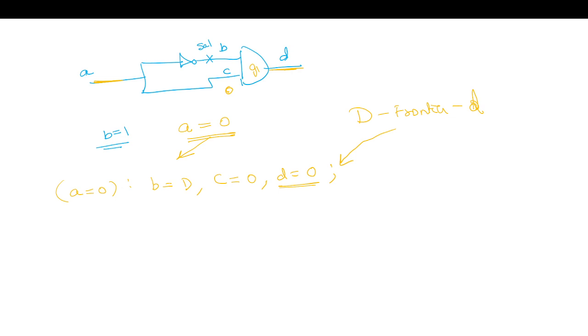Now the question is, can we backtrack? So we have taken a decision of A equal to 0 and simulated it. It masked the fault. So can we simulate by taking A equal to 1? Now here itself we have masked the fault. We are not able to excite the fault itself. So again the D frontier is empty. So we say that this fault is untested.